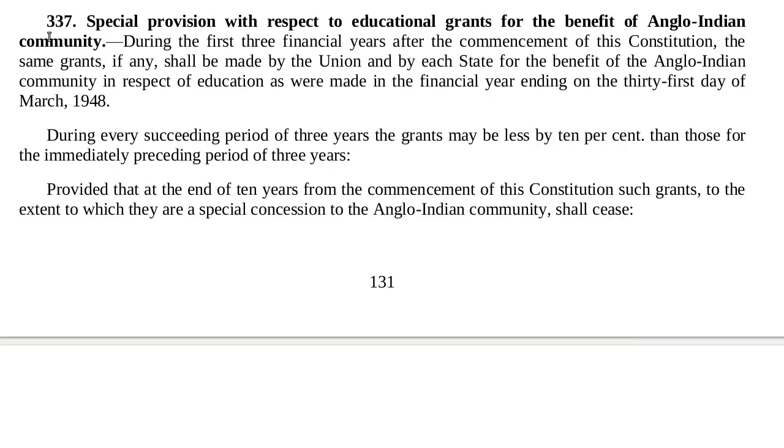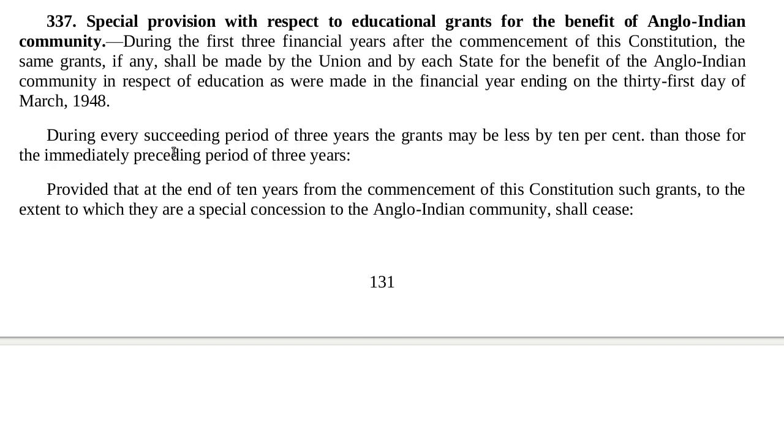Article 337: Special provisions with respect to educational grants for the benefit of the Anglo-Indian community. During the first 3 financial years after the commencement of the Constitution, the same grants, if any, shall be made by the Union and each state for the benefit of the Anglo-Indian community in respect of education as were made in the financial year ending on the 31st day of March 1948.